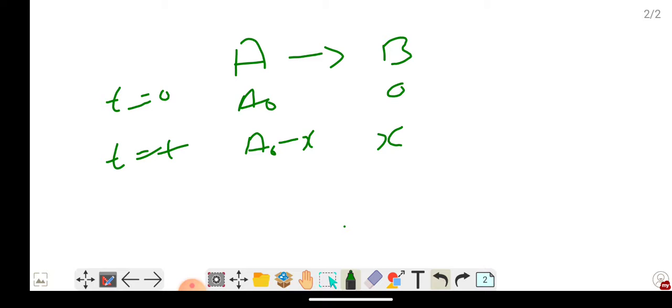Now we know that the rate of reaction is proportional to the concentration of reactant.